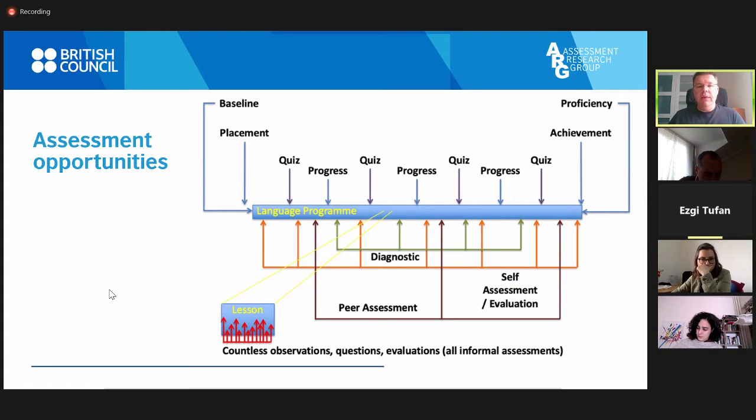So even those questions in class that are happening in real time, observations of our students, monitoring of our students during the class, these are all assessments. We don't think of them as assessments, but they are. They're a type of formative assessment. So we're making evaluations the whole time during our classes.